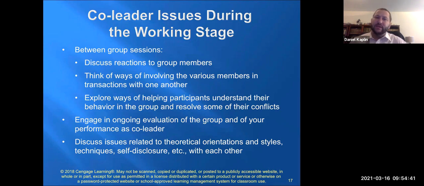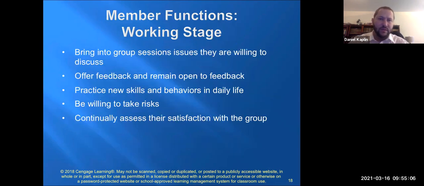You also use the opportunity to evaluate how the group is going and how it's going as group co-leaders. So how are we doing as facilitators? And then we evaluate orientation styles, self-disclosure, and so forth. You talk about the next step, right? Interventions we might use.